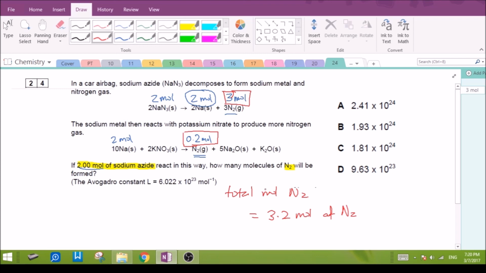And then to convert the moles into the number of molecules using Avogadro's number, 3.2 multiplied by 6.022 × 10 to the power 23. Inputting into our calculator, we have 1.93 × 10 to the power 24.